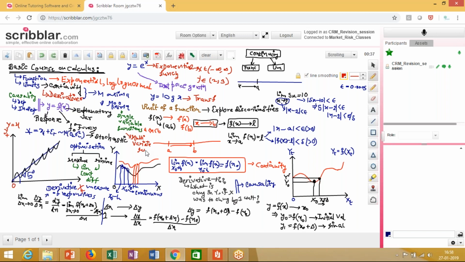So these are the two important things that we have.